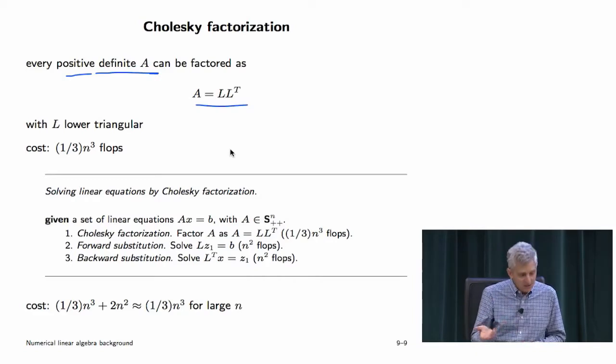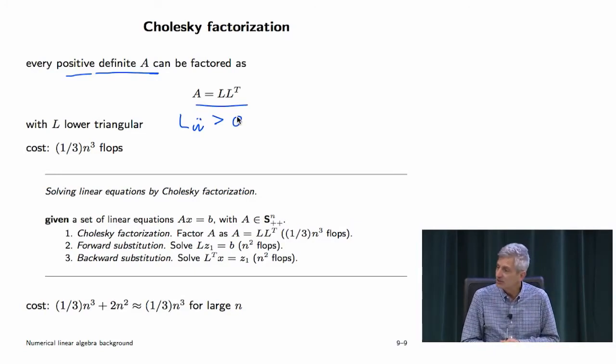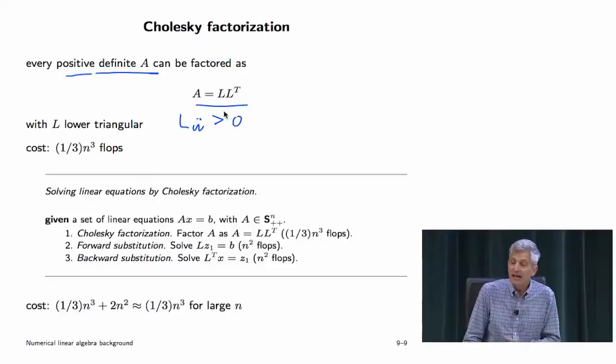And in fact, generally people require, just to normalize, that the entries are positive. One very interesting fact about Cholesky factorization is a numerical one. It actually is stable. Again, we're not really talking about that. It means you do not have to permute. You can say immediately that if you calculate that in double precision, you're not going to have any trouble. You can bound the error in L, stuff like that.